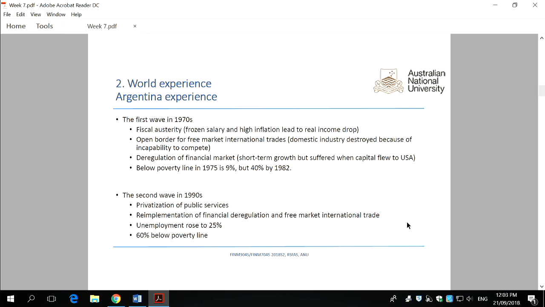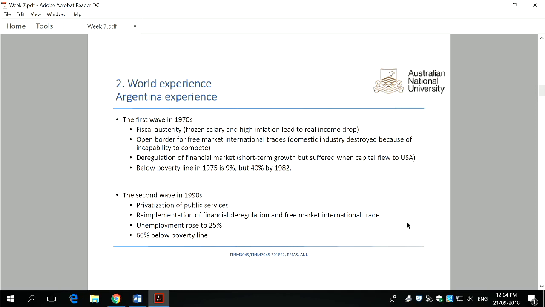A new, stronger government came in and started a new wave of neoliberalism. This time, they were trying to privatize the government sector, right? So they went through this privatization, and then they re-implemented financial deregulation and free market in international trade.